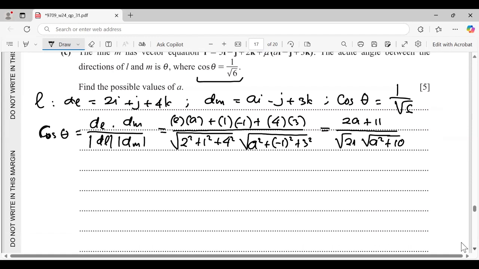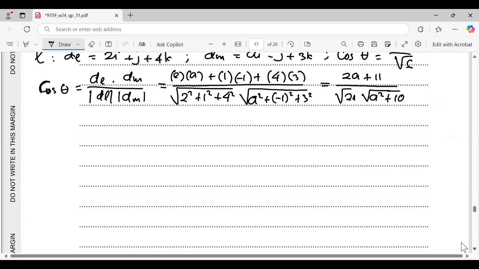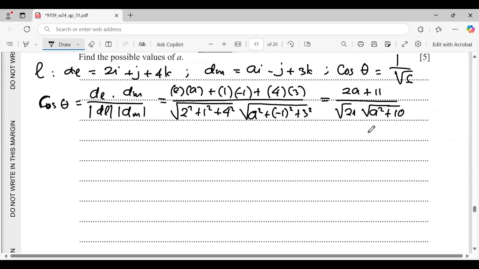Scroll down first. Right. Based on the previous information, cosine theta equals 1 over square root 6. So it means we can state that (2a plus 11) over square root 21 times square root of (a squared plus 10) is equal to 1 over square root 6.